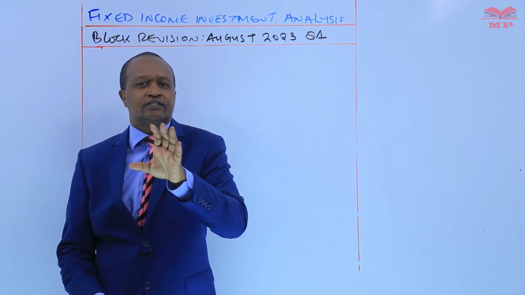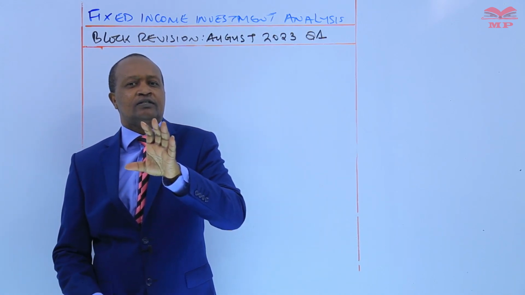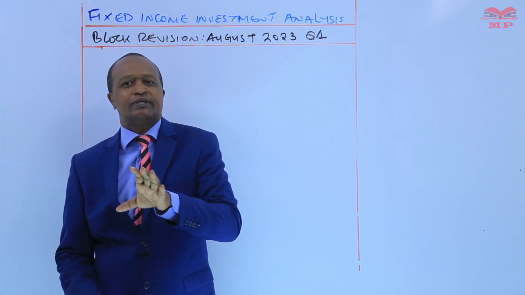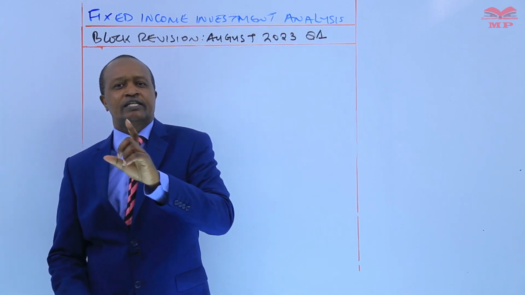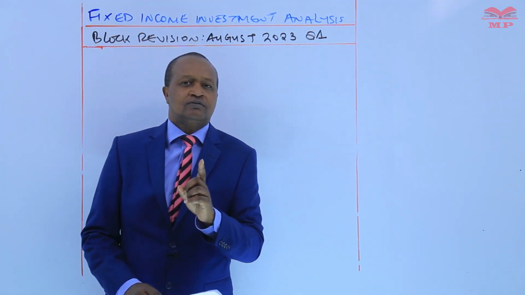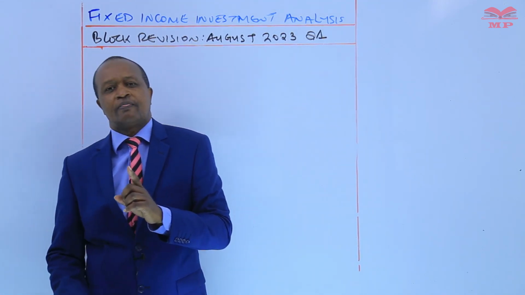And the two currencies that are involved in a dual currency bond are typically chosen based on the issuer's and the investors' preferences. You understand?